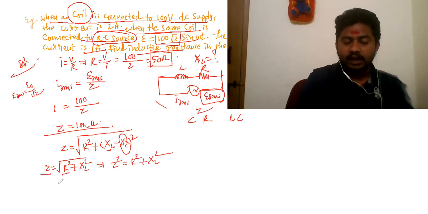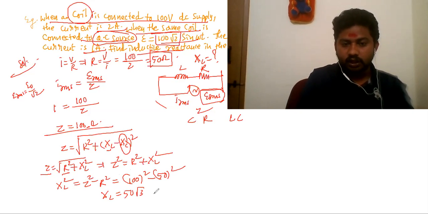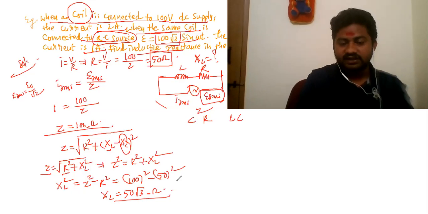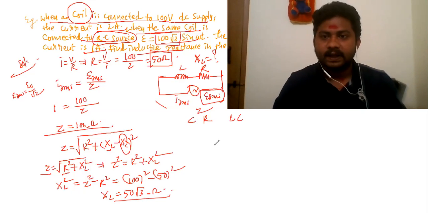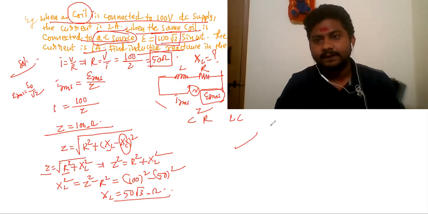So XL square I need to find out, which is equal to Z square minus R square. So Z square is 100 square minus R square is 50 square. So from here you can get XL is equal to 50 into root 3 ohm. What is the SI unit of resistance? Ohm. Clear? So that's it.